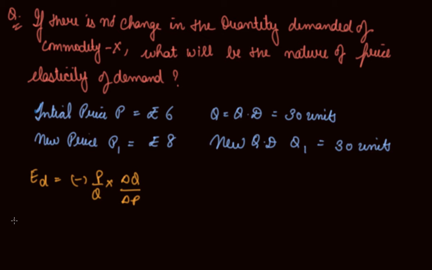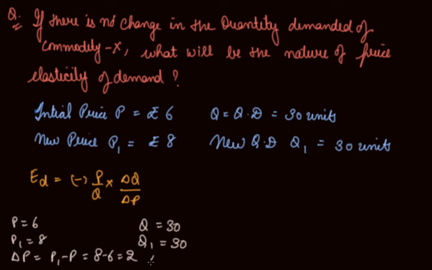The initial price is 6, your P1 is 8, so change in P is equal to P1 minus P, that is new price minus initial price, 8 minus 6 is equal to 2. Your quantity is 30, your Q1 is 30, your change in Q will be 0, 30 minus 30 is 0.